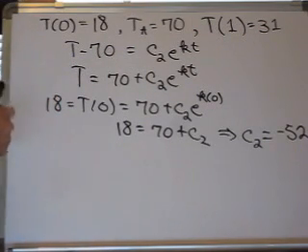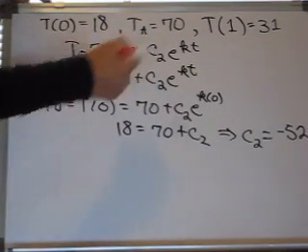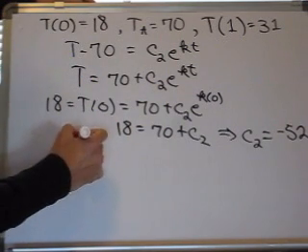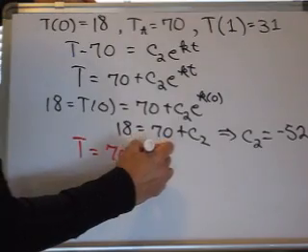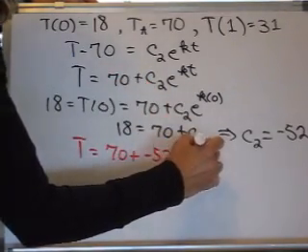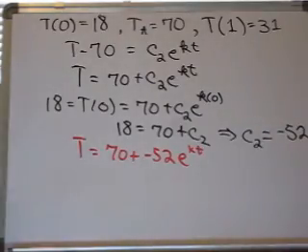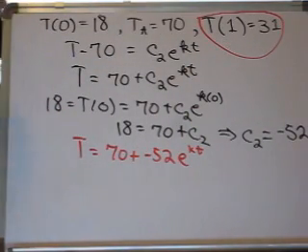And then I'm going to use the other condition, T of 1 equals 31, to solve for k. So far I know that T is equal to 70 plus negative 52, for C2, e to the kt. The condition is that the temperature at 1 minute is 31 degrees.